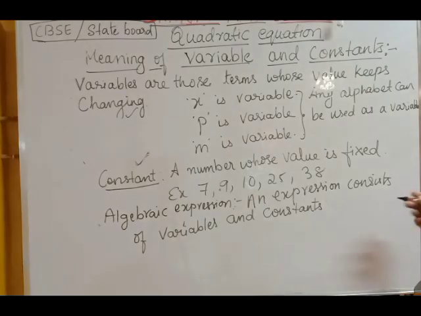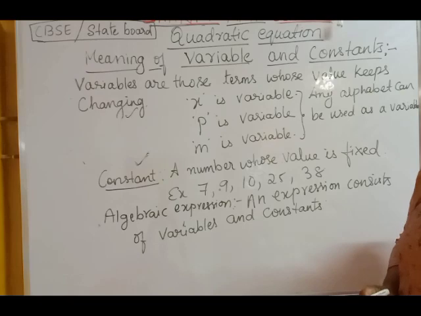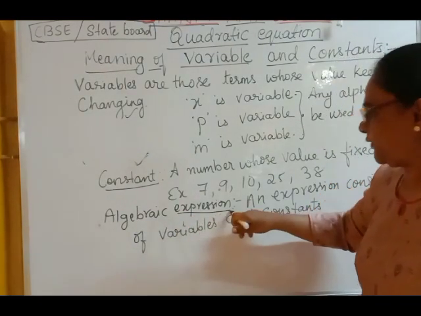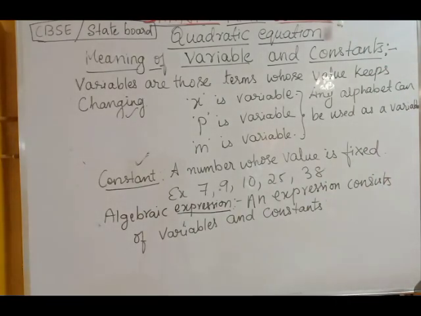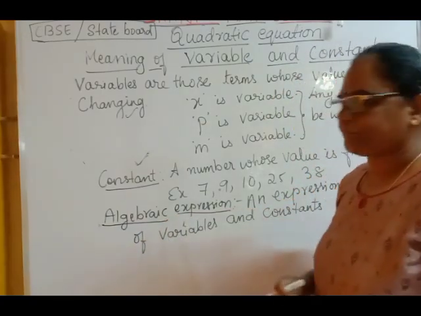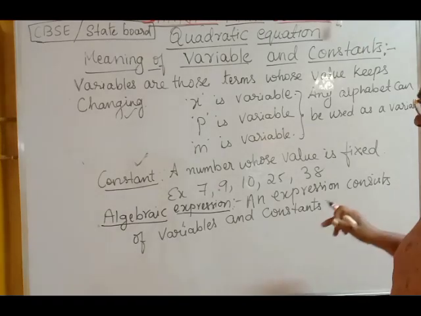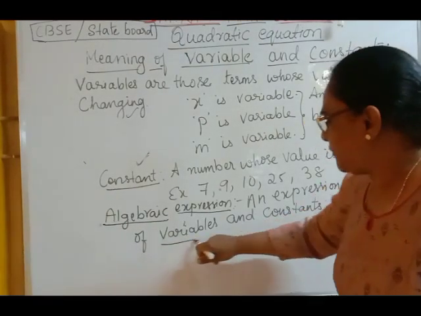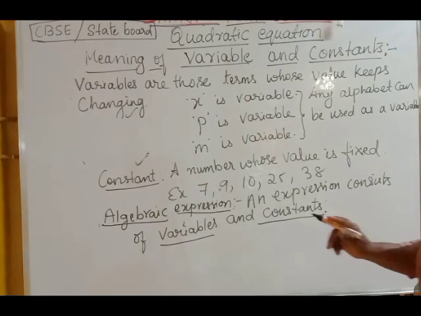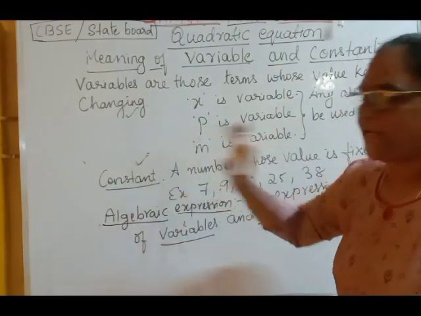Okay. So in your previous classes, that is in your 8th standard, 9th standard, right from 6th standard, you are learning what is the meaning of an algebraic expression. An algebraic expression is nothing but an expression which is a combination of variables and constants. In an algebraic expression, you will see the combination of variables as well as constants.